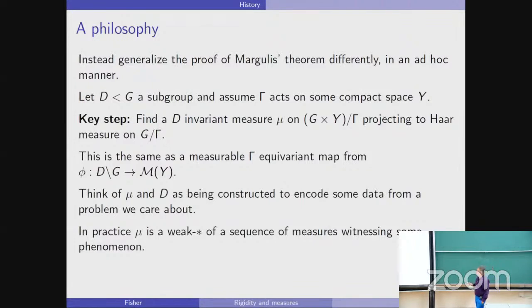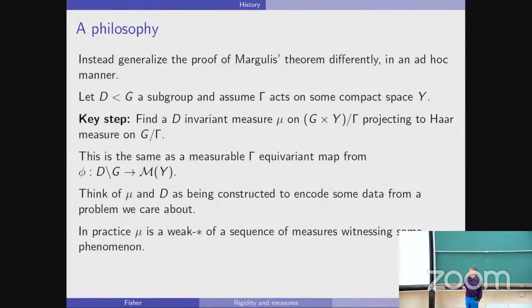And the last thing I'll say is that I put this in this context because that's where my own work exists. Another thing you can do that, in fact, has been done is instead of G mod gamma, you could put the moduli space of flat structures on Riemann surfaces that appeared in the talk of Chaika and Weiss, and you could try and do something very similar to this there.